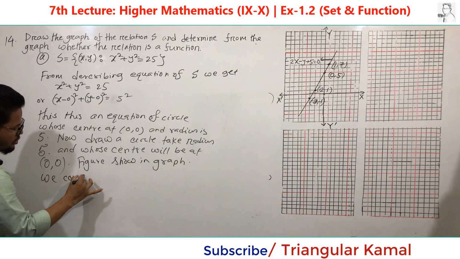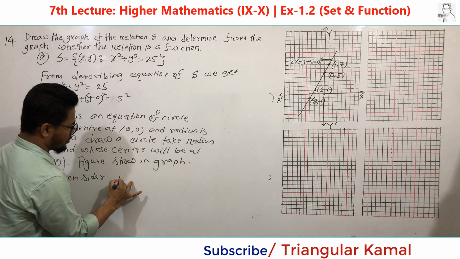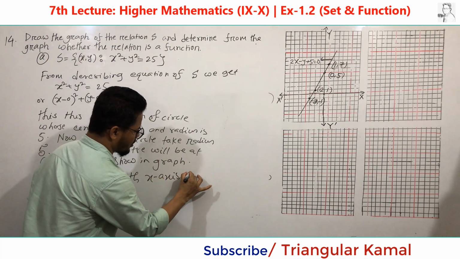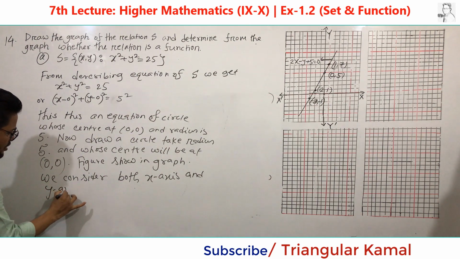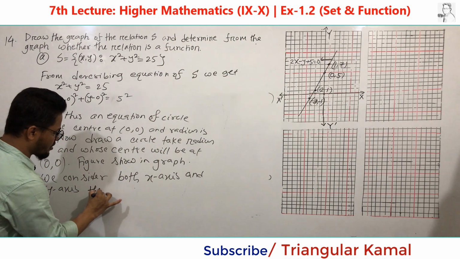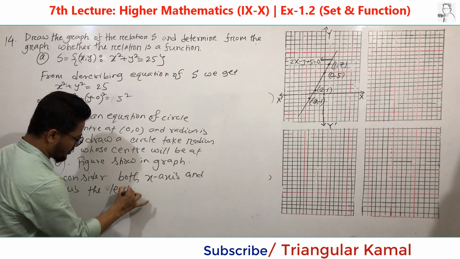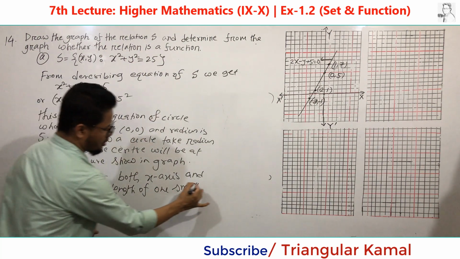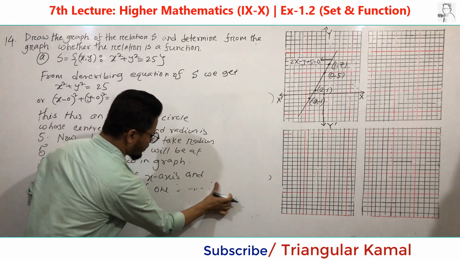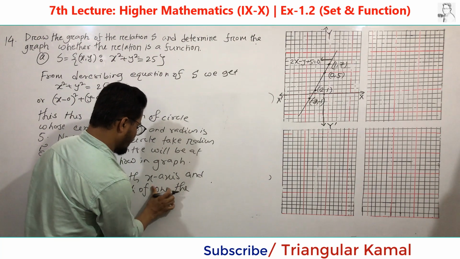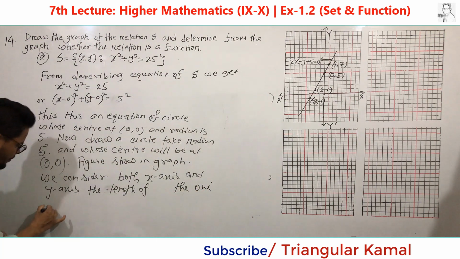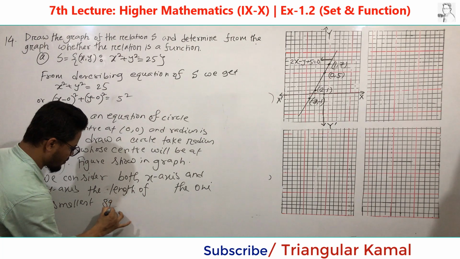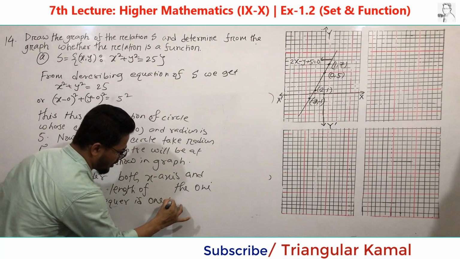We consider both the x-axis and y-axis. The length of one smallest square is 1 unit.